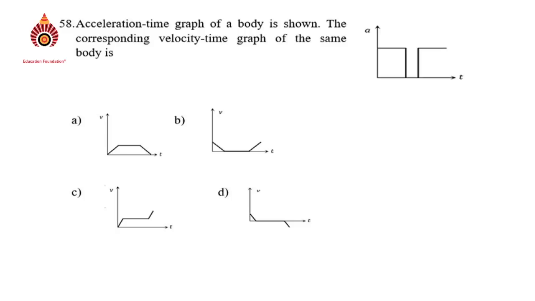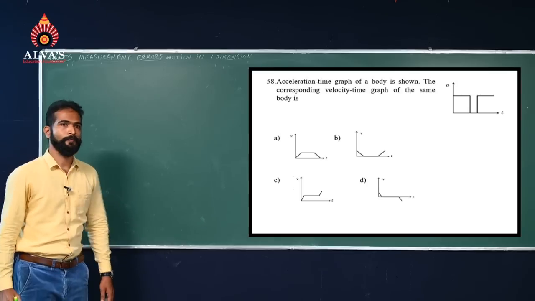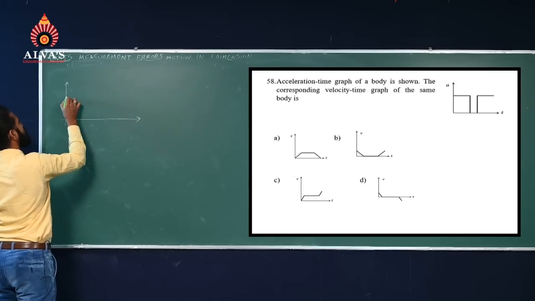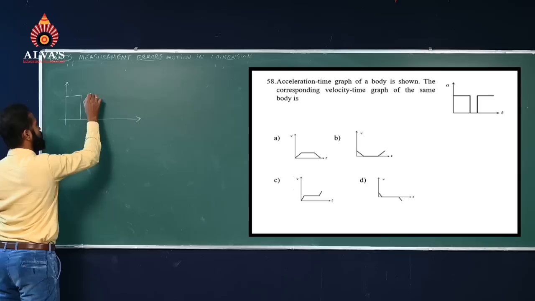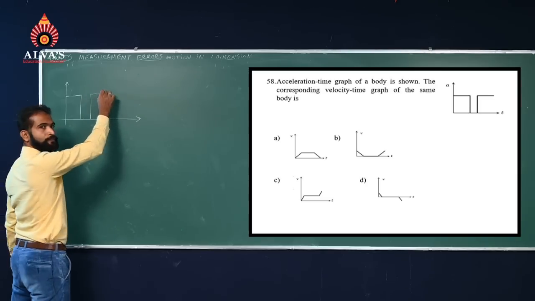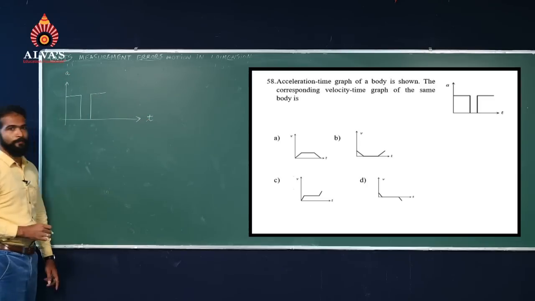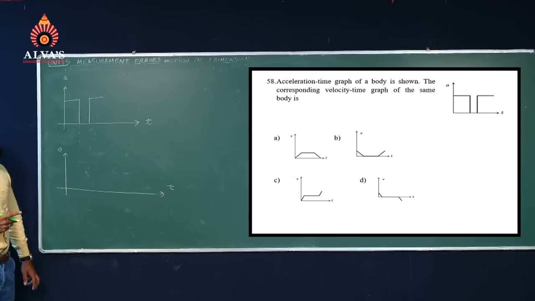The acceleration time graph of a body is shown. The corresponding velocity time graph of the same body is. So this is the acceleration time graph. Okay, let's plot the velocity time graph.